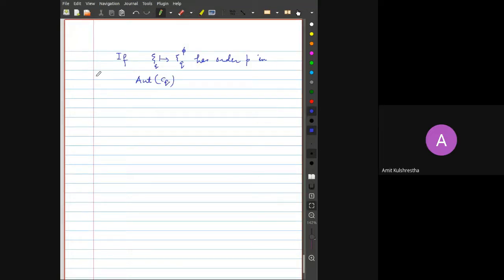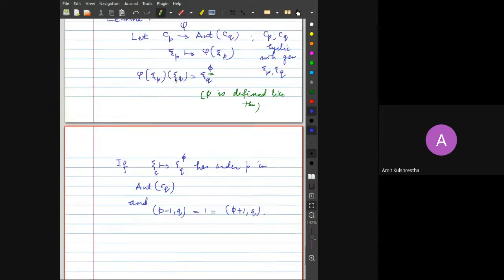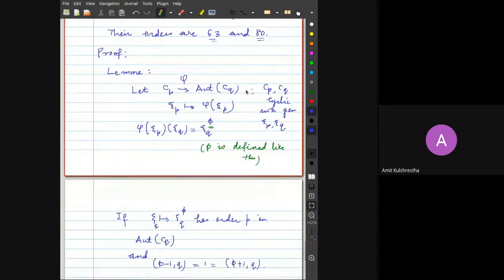So if all these conditions hold for some p and q, because this will restrict choices of p and q. And the other condition is gcd(phi minus 1, q) and gcd(phi plus 1, q), both are 1.